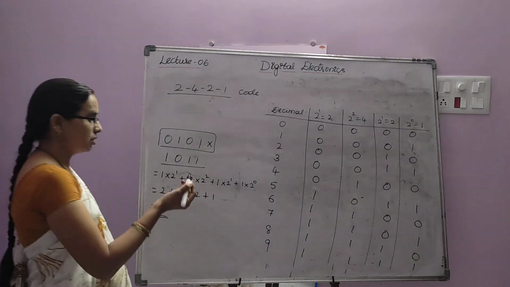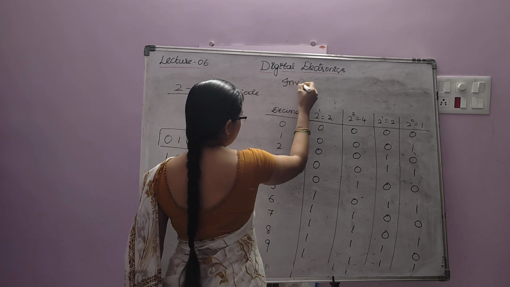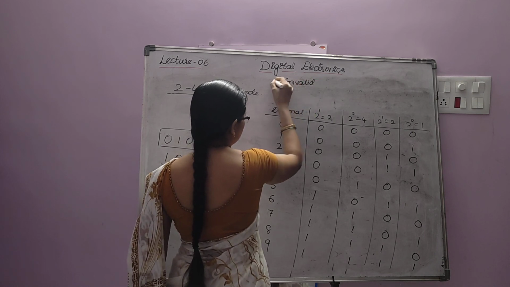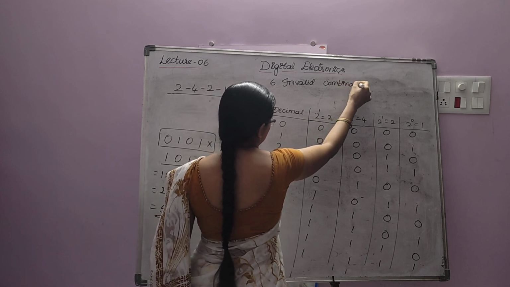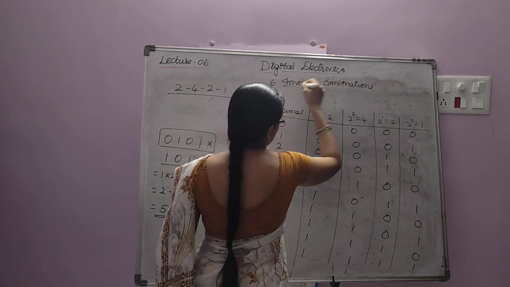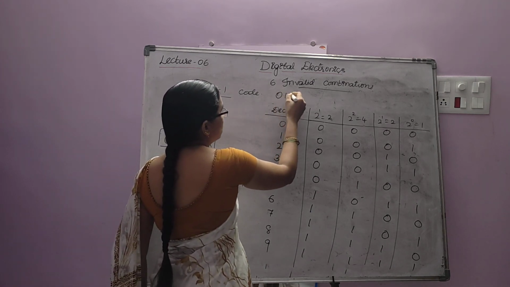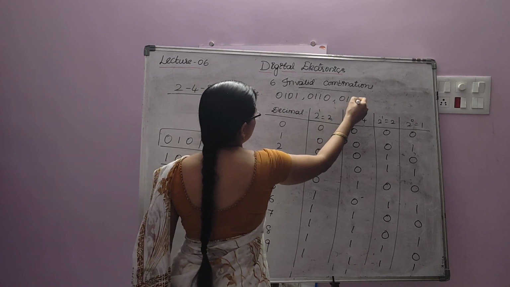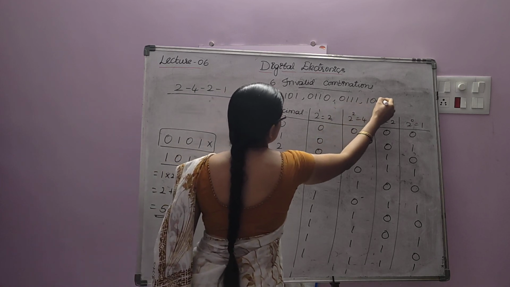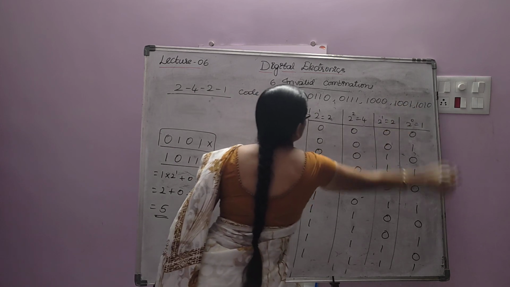So what are the 6 invalid combinations in 2421 code? They are 0101, 0110, 0111, 1000, 1001, 1010.